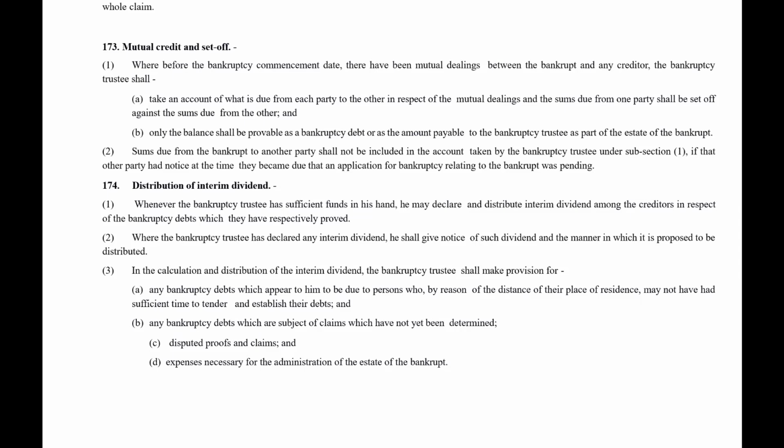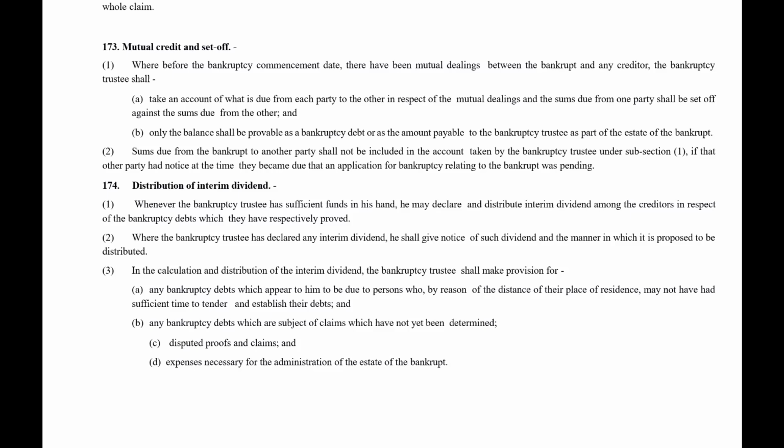In the calculation and distribution of the interim dividend, the bankruptcy trustee shall make provision for any bankruptcy debts which appear to him to be due to persons who, by reason of the distance of their place of residence, may not have had sufficient time to tender and establish their debts. Suppose a person could not file proof of debt, say due to employment, he is presently employed in Dubai, so he may not be able to prove his debt.